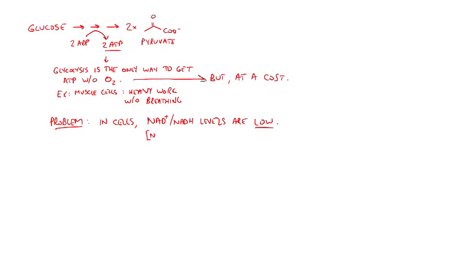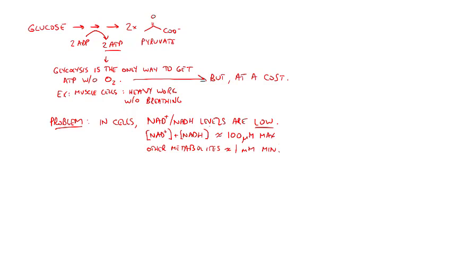The concentration of NAD plus and NADH together in total in most cells is on the order of 100 micromolar max. In some cases it's less than that. Other metabolites are at least an order of magnitude higher, so we're talking 1 millimolar or so minimum.